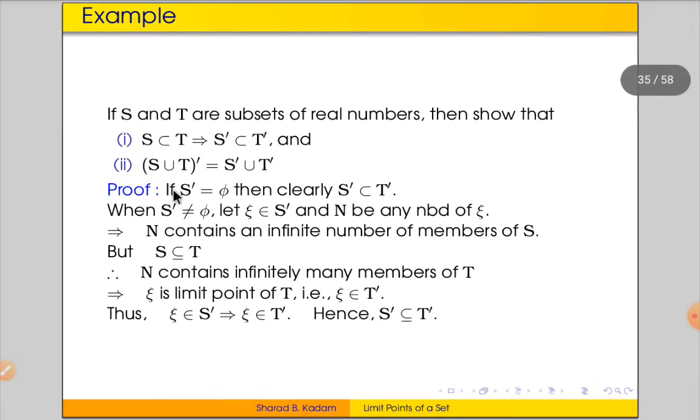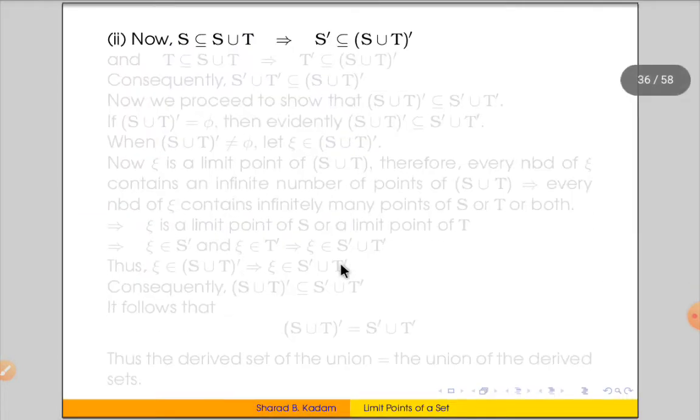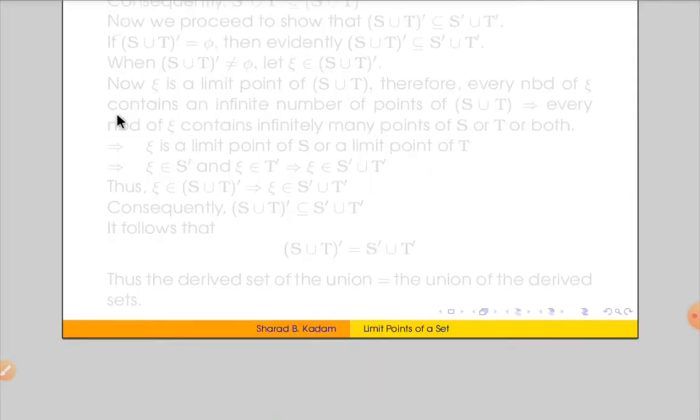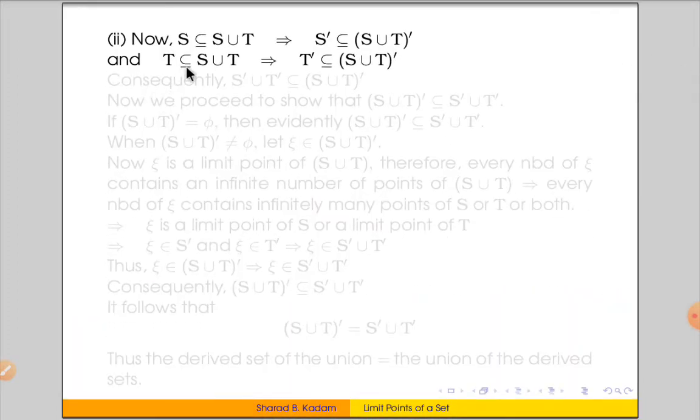Next we have to show that derived set of S union T equals to derived set of S union derived set of T. We know that S is subset of S union T, so this implies S prime is subset of S union T prime, and also T is subset of S union T, and this implies T prime is subset of S union T prime.